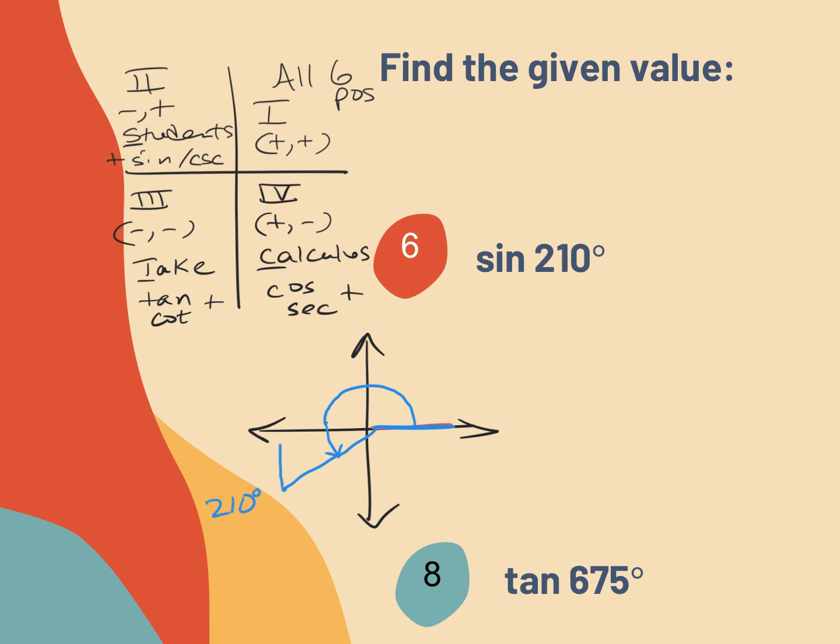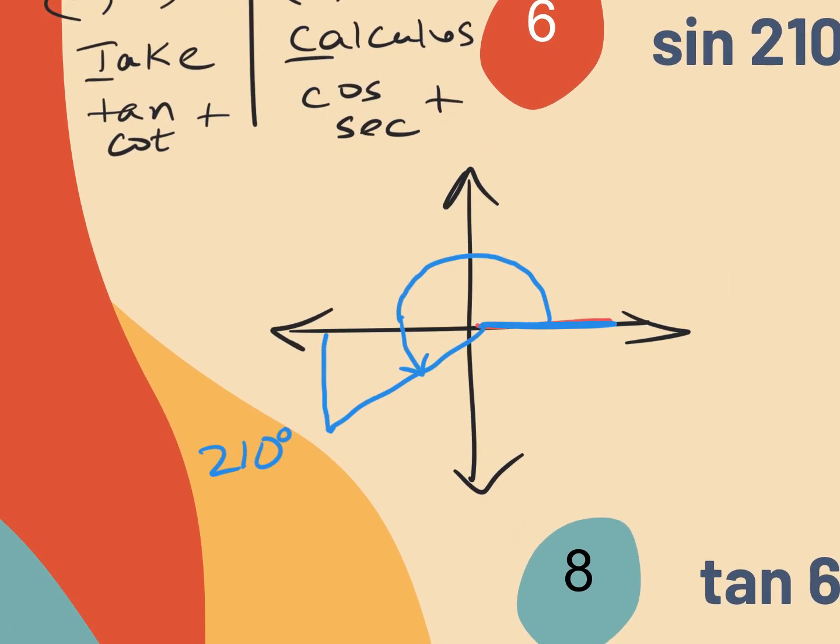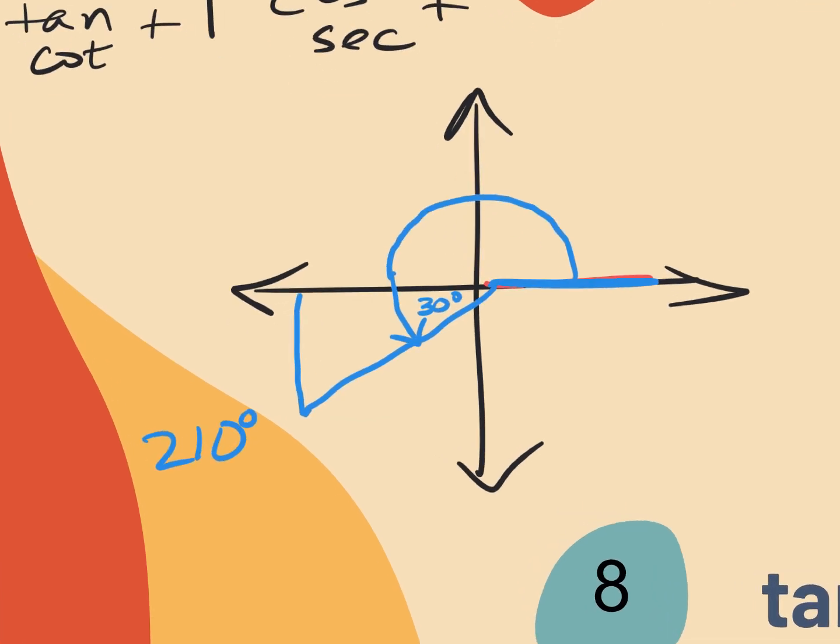It goes back to the x-axis. So this additional amount that I went after the 180 was 30 degrees. My right angle is going to be here. And then my 30 degrees is up there. That's my theta, or my angle I'm referencing. That's my reference angle.